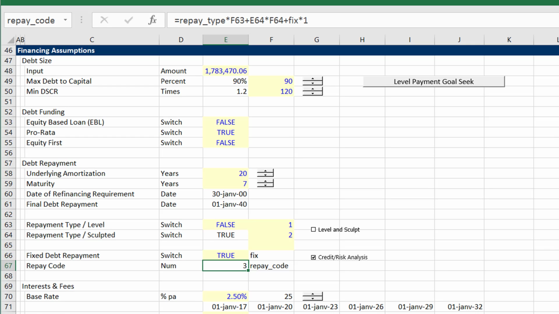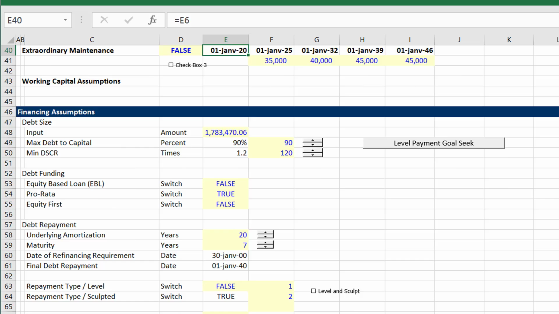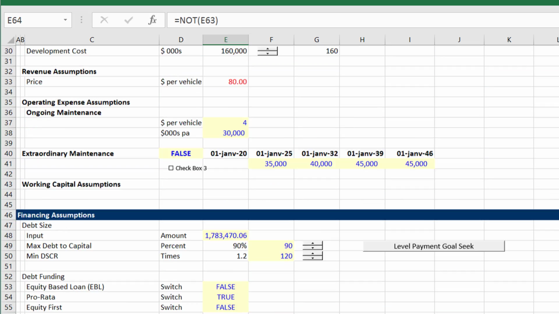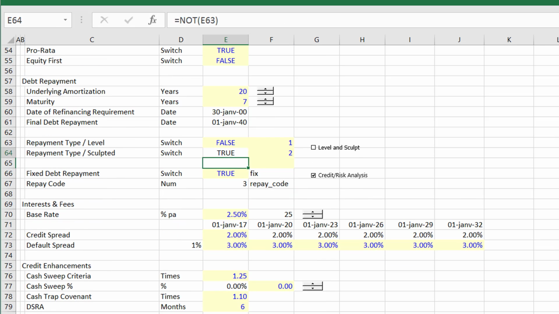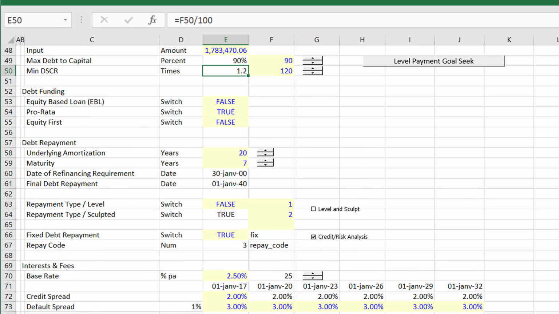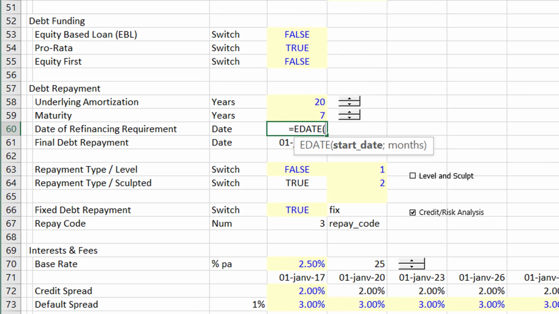And then we have our operating assumptions, just a few of them. And when we get down to the financing assumptions, there's an underlying amortization period for structuring, a maturity payment for when you potentially switch this to a cash sweep. And then the date of the refinancing requirement. This date would be E-date.